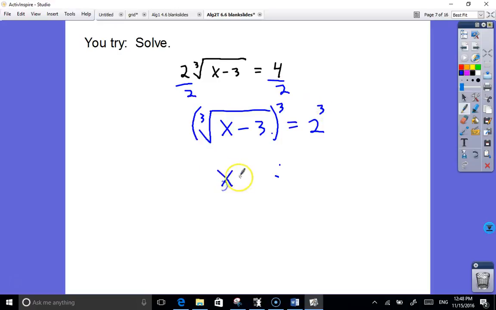So now I've got x minus 3 equals 8. So x equals 11. Kind of all too easy.